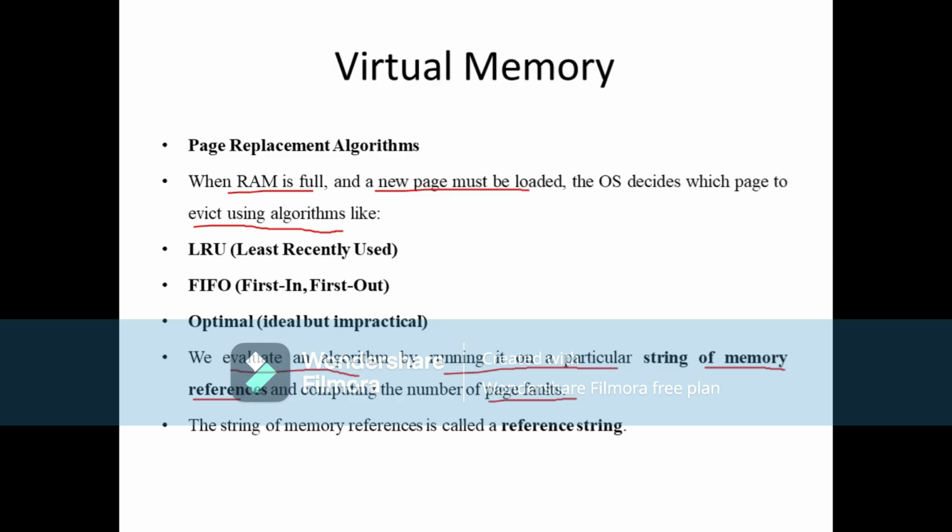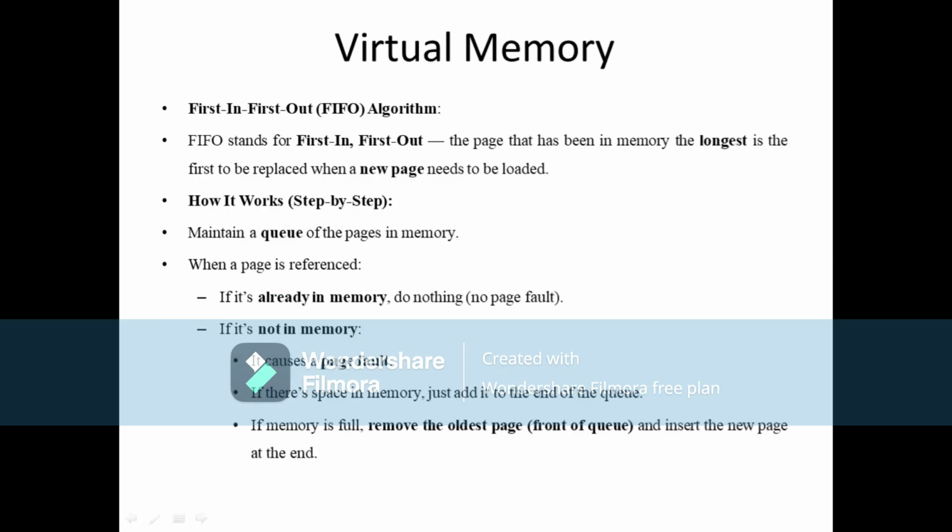We evaluate an algorithm by running it on a particular string of memory references and computing the number of page faults. The string of memory references is also called the reference string.